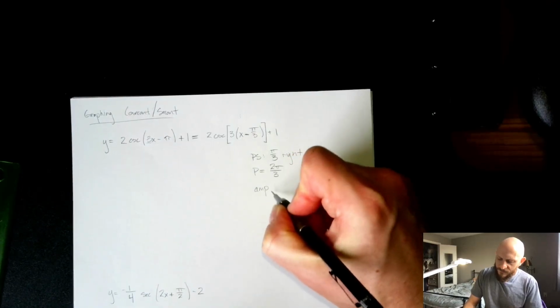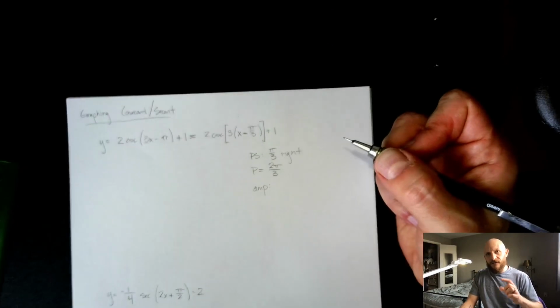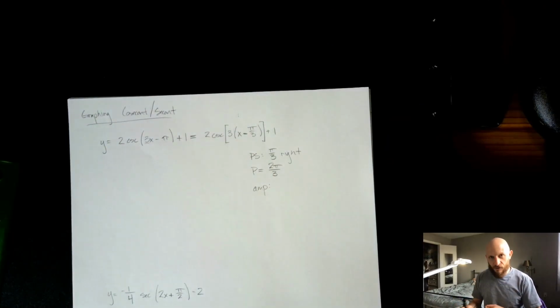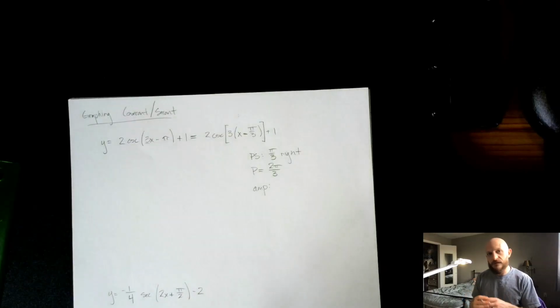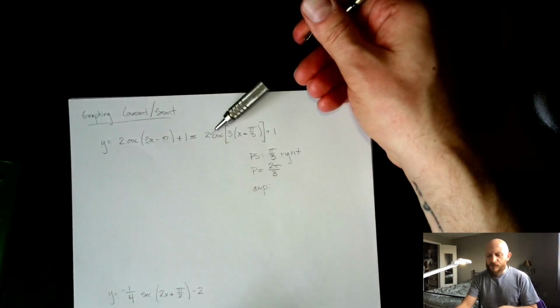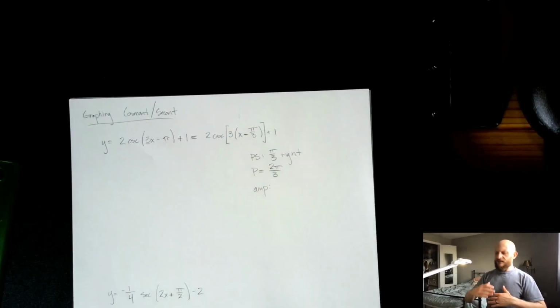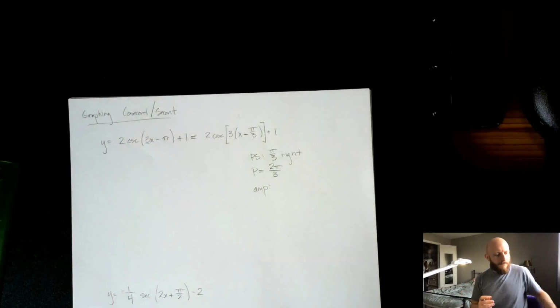You might be asked what the amplitude is, and it's still given to you the same way. I might be using amplitude sort of incorrectly here, but unlike with tangent and cotangent, where amplitude literally doesn't make any sense and it's just a vertical stretch or shrink factor, here the amplitude does affect that vertical stretch or shrink, but it also affects the distance.